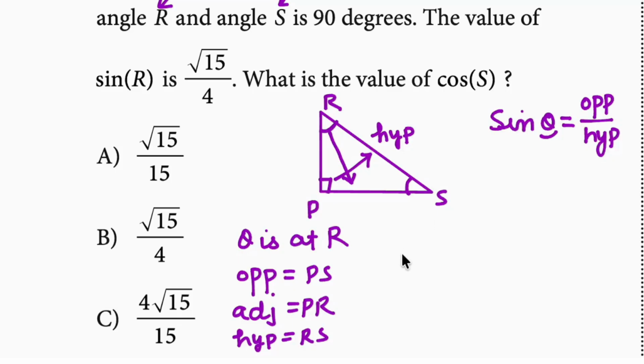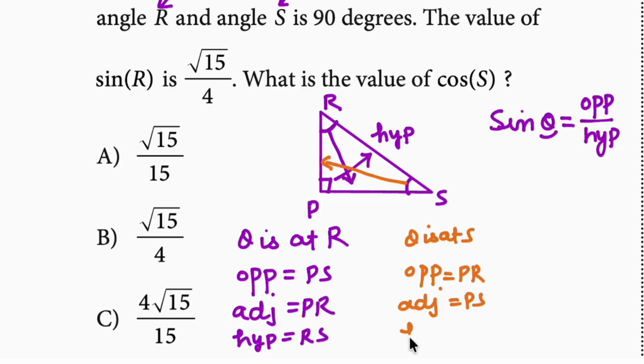Now if theta is at S, opposite will be PR, adjacent will be PS, and the hypotenuse never changes because it is the side opposite to 90 degrees. So you see, if we change the position of the two acute angles, opposite and adjacent change their positions.